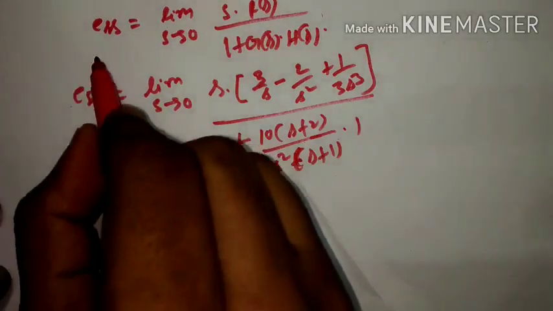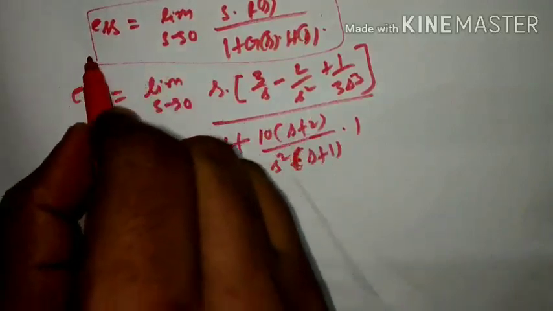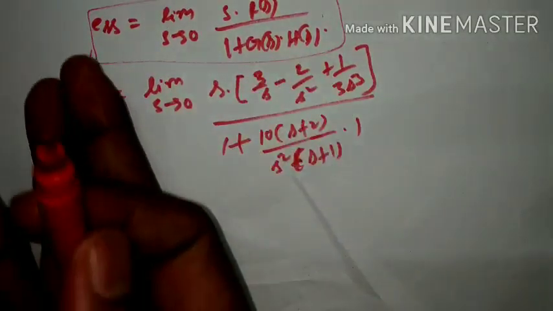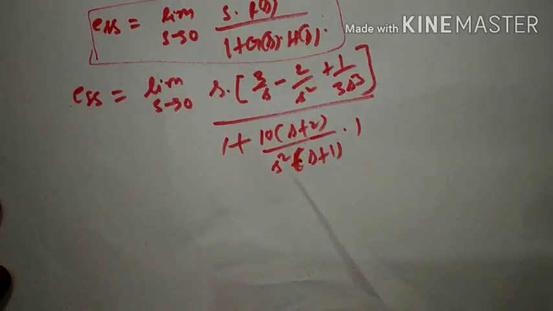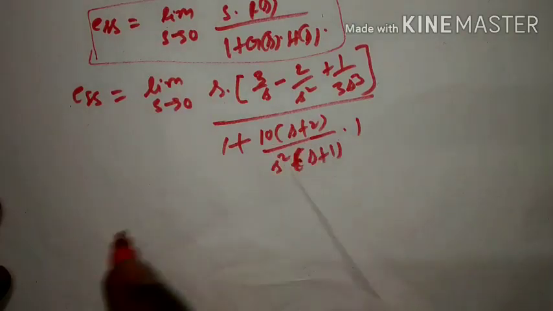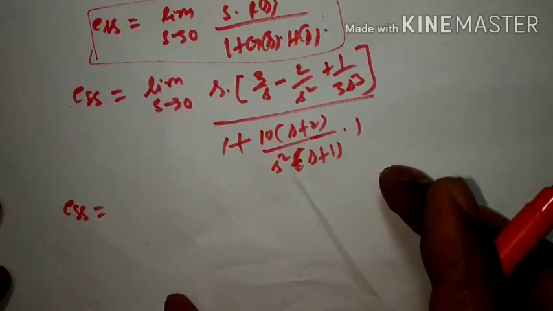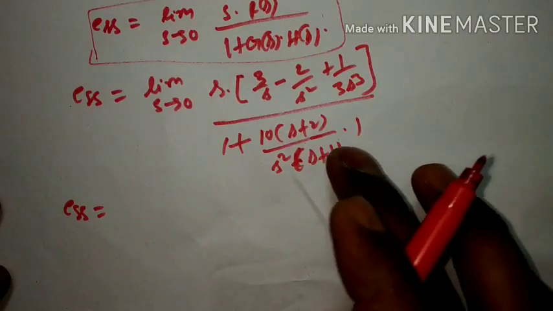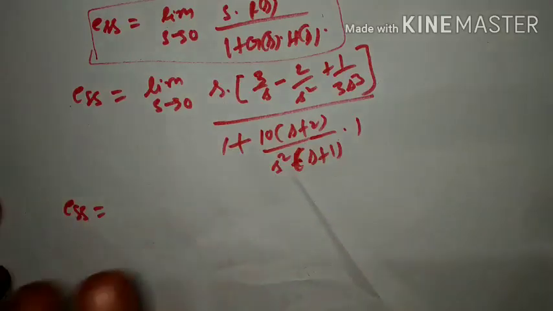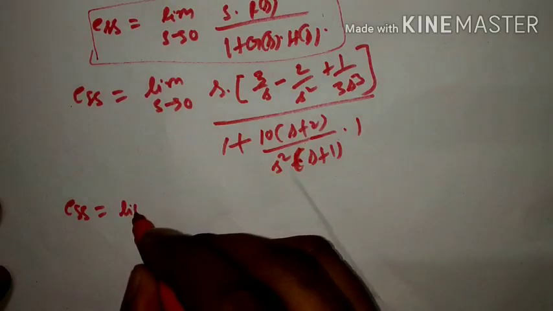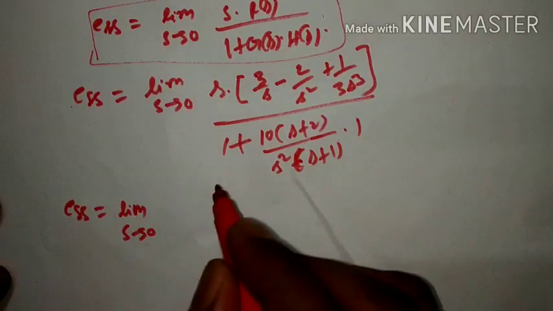Here we have applied the final value theorem for the steady state error, so you know that very well. I can do it in mathematics. Here ESS is equal to, you just multiply inside the S term. So finally you will get, limit S tends to 0, you just manipulate all the things.